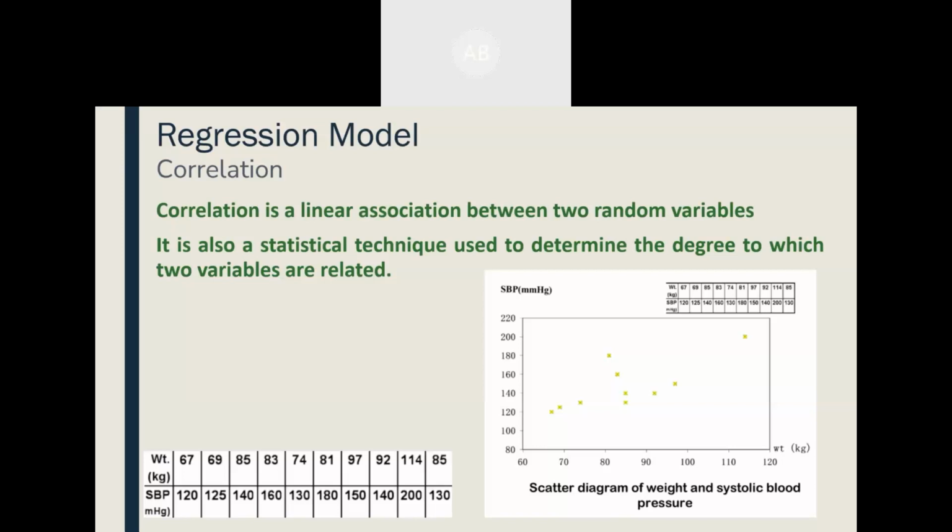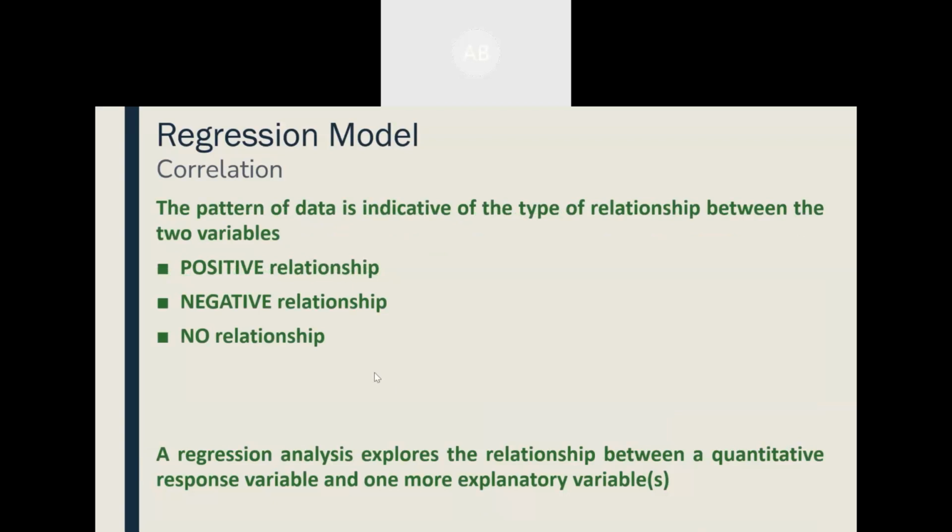And we are plotting all the samples on a piece of paper. From this plot, we can find out if there is any significant relationship, that is, a linear association, between a person's weight and his or her blood pressure.